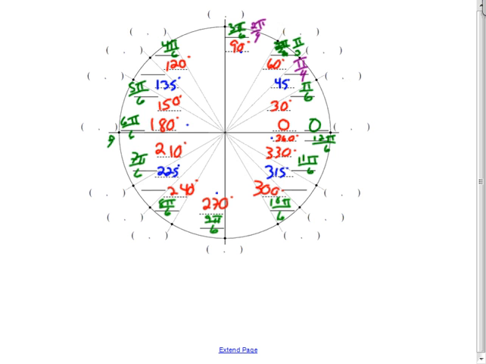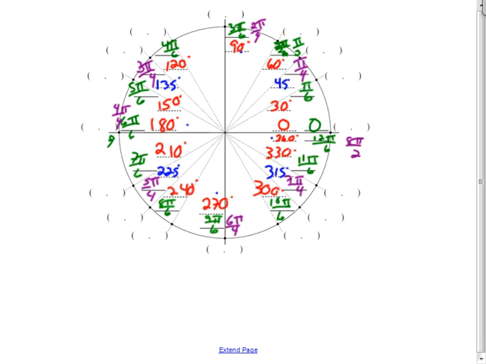So pi over 4, 2 pi over 4, 3 pi over 4, 4 pi over 4, which is pi, which is good, 5 pi over 4, 6 pi over 4, which is 3 pi over 2, which is good, 7 pi over 4, and 8 pi over 4, which is 2 pi. So I'm excellent there. So what I have just done is I've gone all the way around my unit circle.